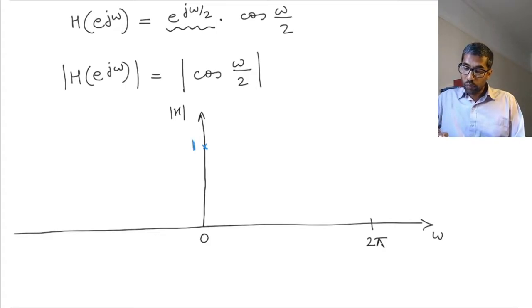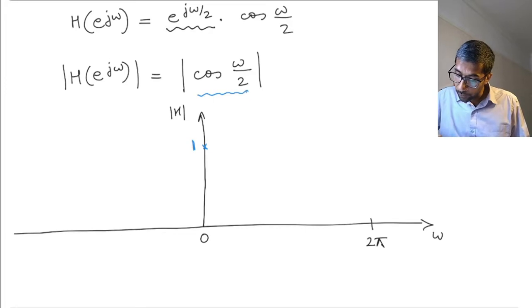Now when does cos(ω/2) become 0? Cos(ω/2) will become 0 when omega is π, right? Cos(π/2) is 0. So at a frequency of π, this is the value.